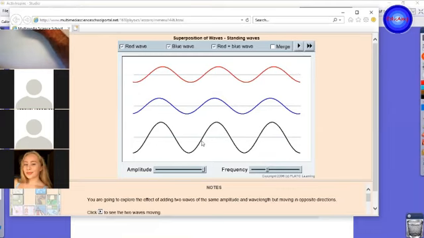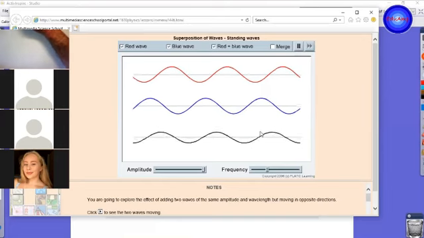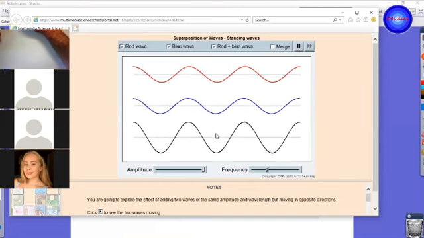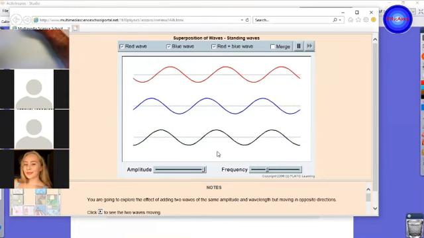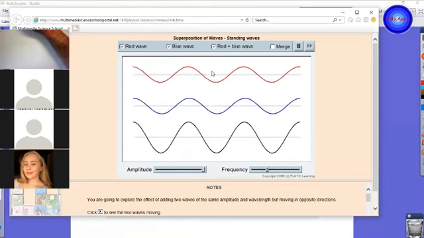This point here and here and here are always going to be nodes because they always add up to zero. This one is called an antinode because it shows the point of maximum displacement, but the antinode changes with time. Therefore, it goes up and down like this. And literally what you get is a stationary wave, and the stationary wave is the resultant of these two waves.